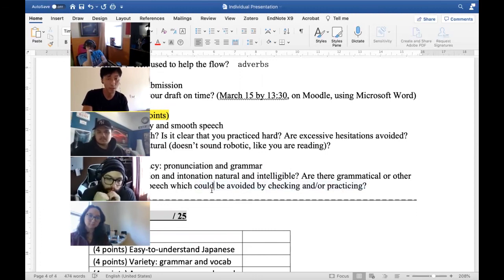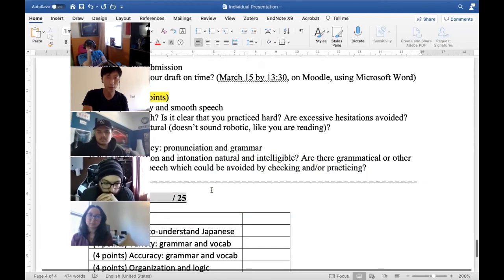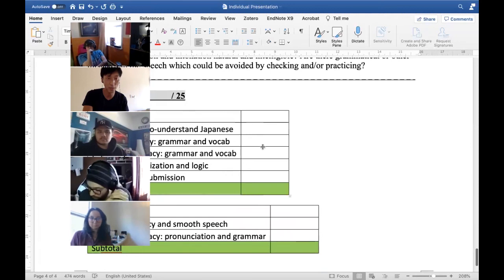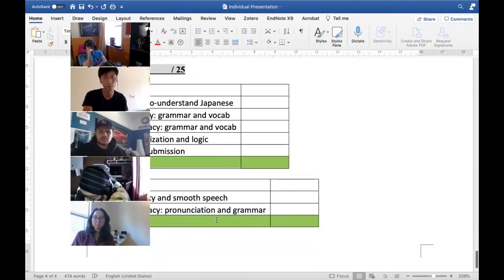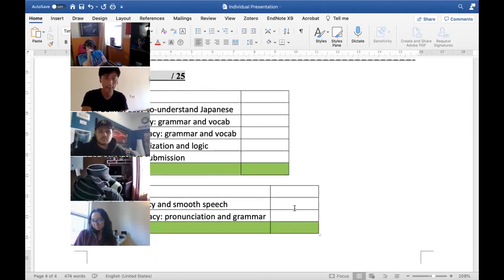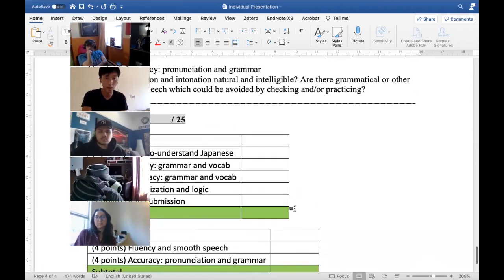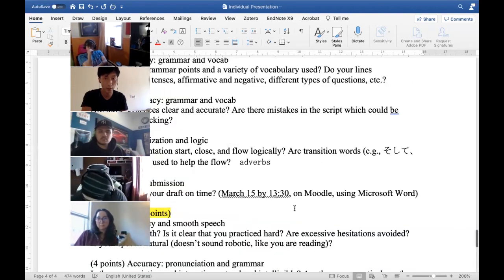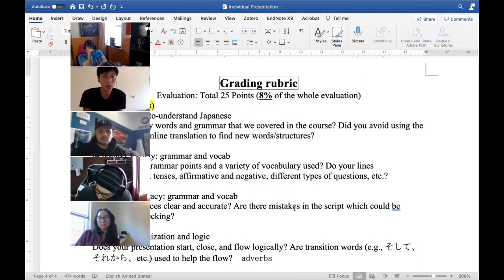Okay. So yeah, you have to submit this file so that I can check everything here, and I'm gonna evaluate after I watch your presentation several times. Okay. Any questions about the rubric evaluation?